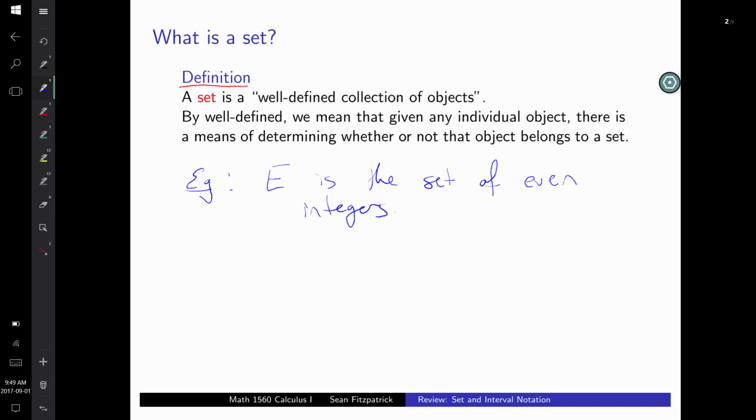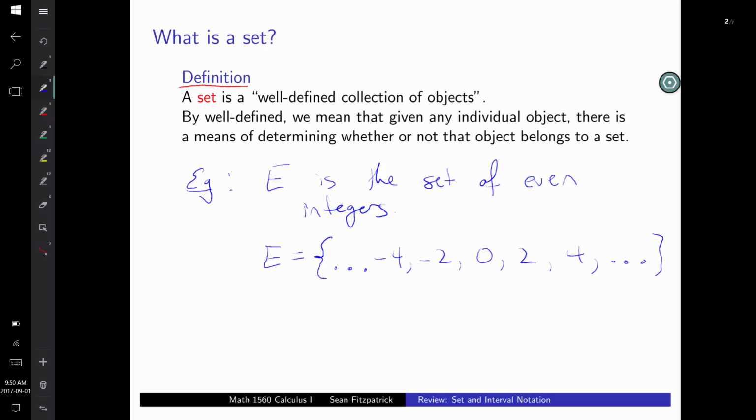Now, of course, there are various ways to describe sets. I think some of these will come up on the next slides, but the way you've probably seen it written is this curly bracket notation for a set. There are infinitely many entries in the set, so I can't list all of them, but I can give you the general pattern: -4 is in there, -2 is in there, 0 is in there, 2 is in there, 4 is in there. The ... on either side is your indication that you should follow the pattern in either direction and keep writing down the even integers as you go, the positive ones and the negative ones.